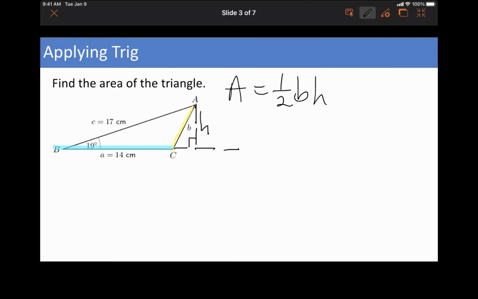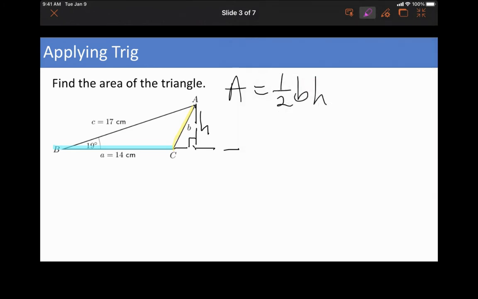And do we know the height? Nope, I don't. But I do know an angle. And because this is a right angle, I have a right triangle that I've created with an angle. So that's another key component in understanding if you need to use trig.